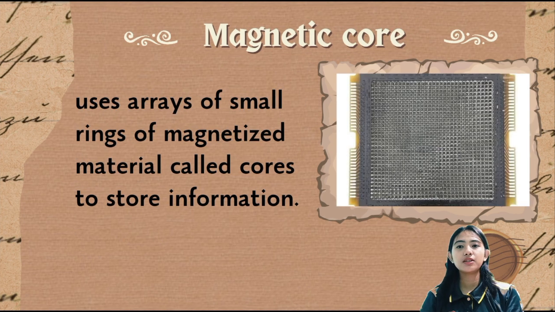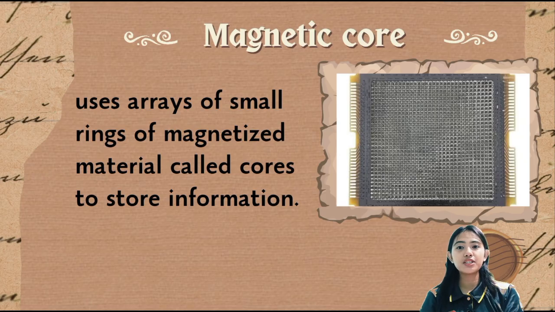So, magnetic core memory uses arrays of small rings of magnetized material called cores to store information. Magnetic core memory was the main type of memory used in computers from the 1950s to the 1970s.